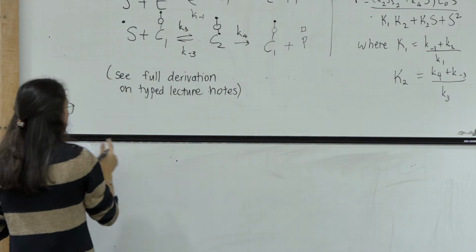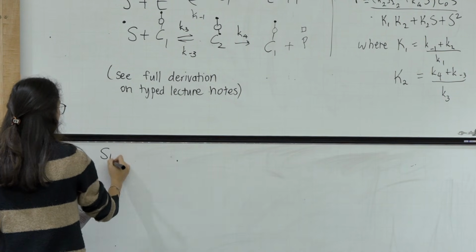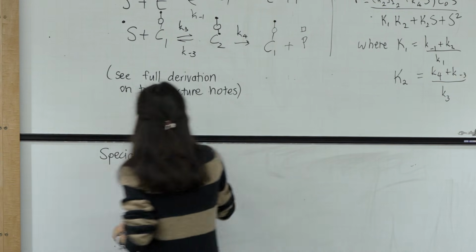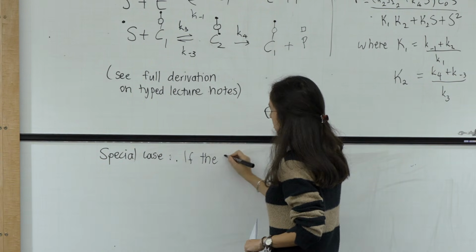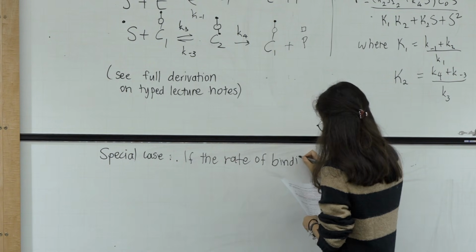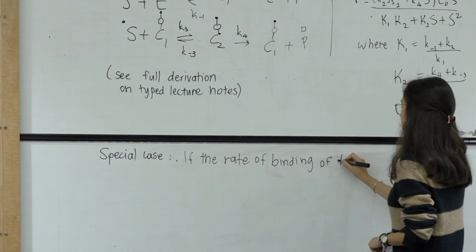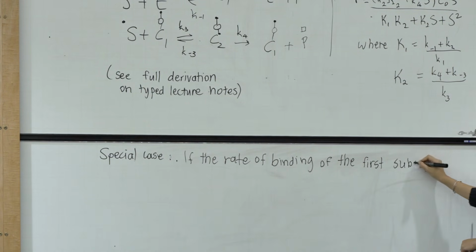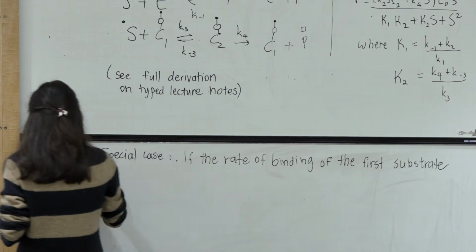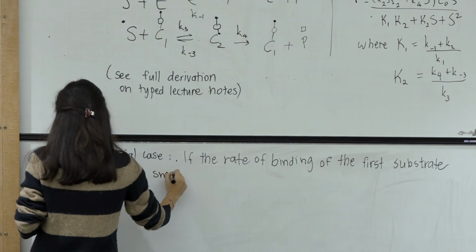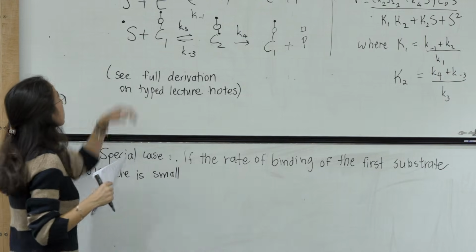Okay, so I want to do a special case with this specific example. If now the rate of binding of the first substrate molecule is small, so the first substrate molecule is this.